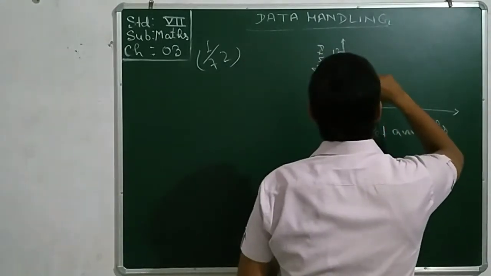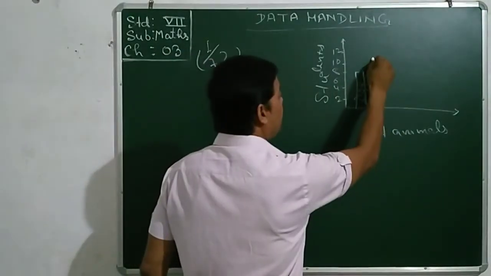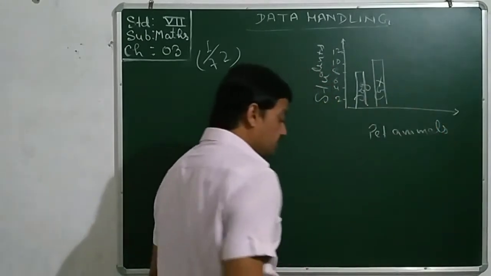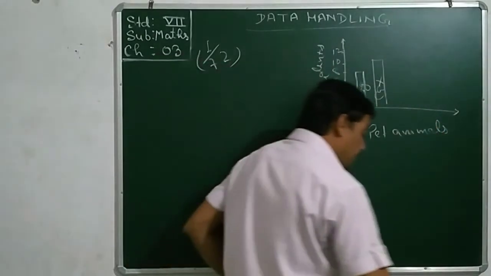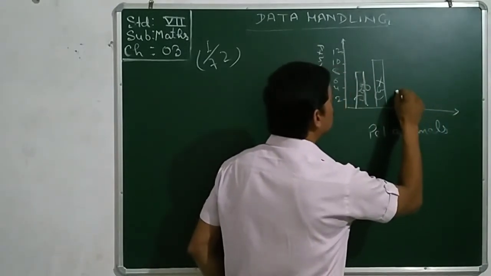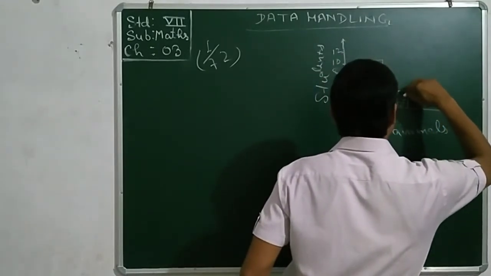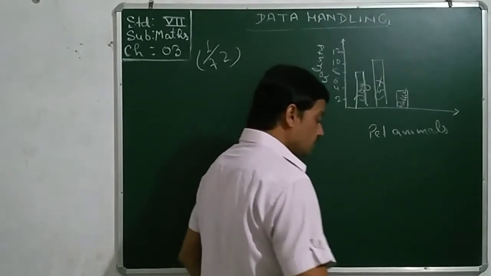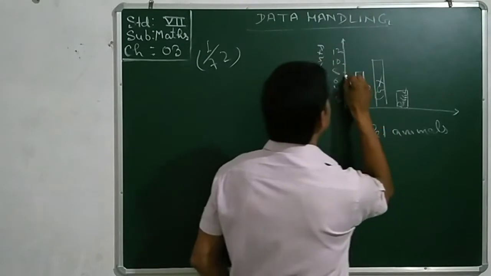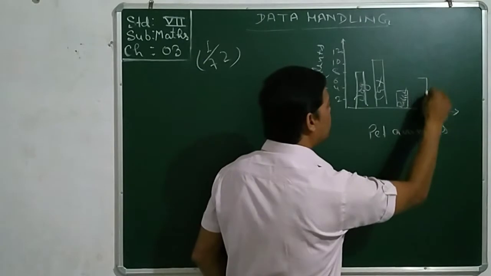Similarly, the bar of cat has gone up to 10, and the bar of rabbit has gone up to only 2. And hamster is 5, so consider between 4 and 6, this point. Let me consider it as 5.